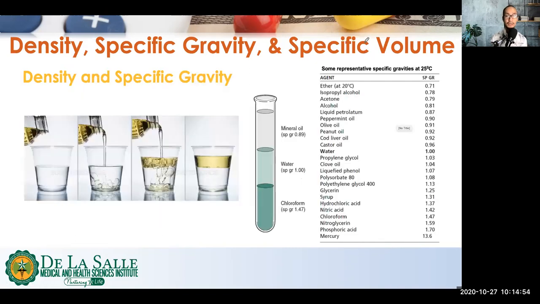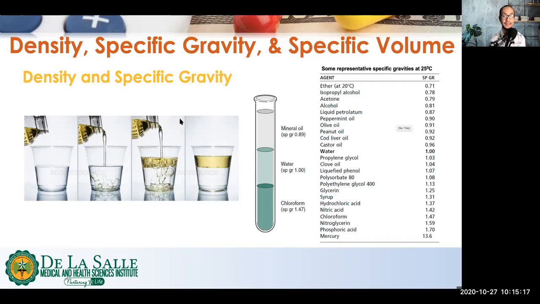Now, how can we use density and specific gravity? You probably know this from your other subjects: the density of water is 1 gram per ml, so its specific gravity is also equal to 1 at 25 degrees Celsius. Most of the time, pharmaceutical substances are measured at 25 degrees Celsius.